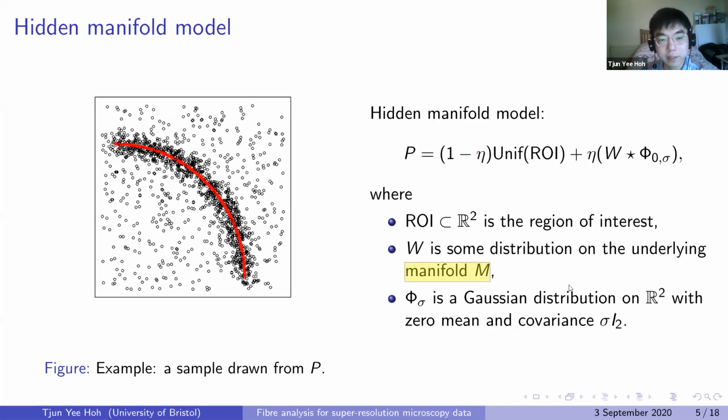And since we are in the two-dimensional regime, this manifold M is simply a one-dimensional smooth curve given by the red line in the graph there. So we assume there's some distribution W on this manifold M, and this distribution is then convolved with a two-dimensional Gaussian distribution. And here on the left-hand side is a sample drawn from this hidden manifold distribution.